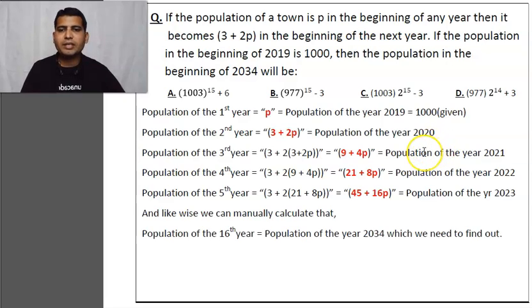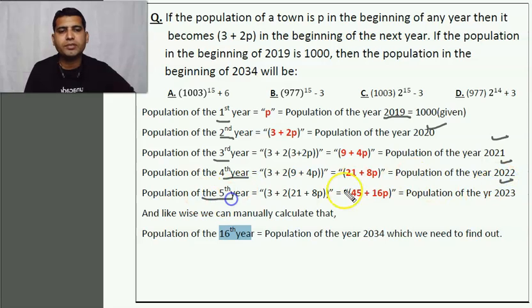So likewise, we can manually calculate what the population will be in the year 2034. But which is the 16th year here? See, the first year is the year 2019, because we are considering 2019 as the first year. Likewise, 2020 is the second year, 21 is the third year, 22 is the fourth, 23 is the fifth.